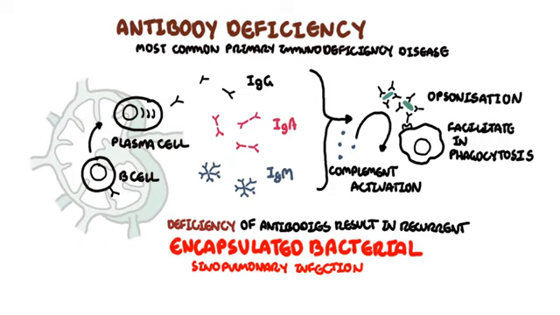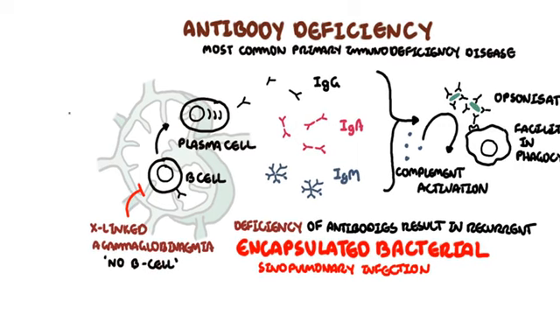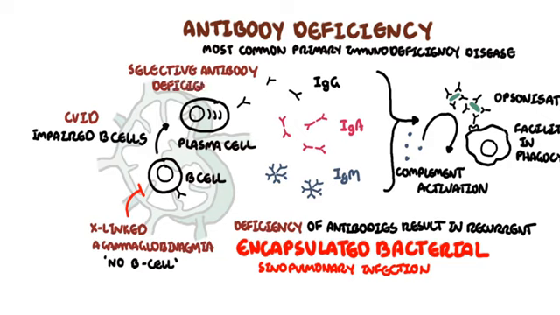Examples of antibody deficiency diseases include when you have absent B cells, such as in X-linked agammaglobulinemia, or where you have impaired B cells to begin with, such as in common variable immune deficiency, or where you have selective antibody deficiencies with abnormalities in shape and structure, such as in IgA deficiency.